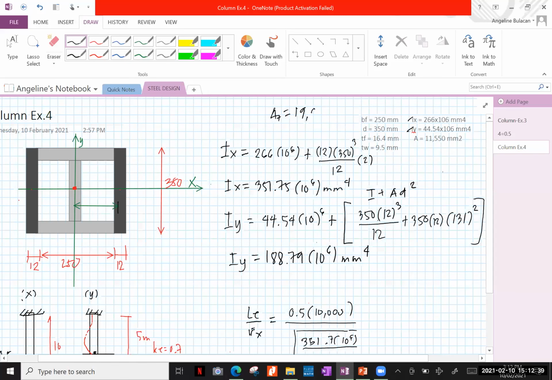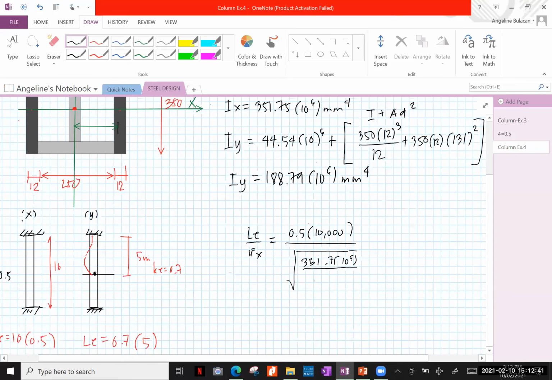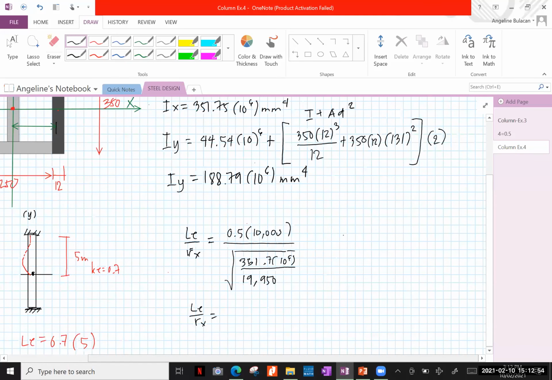Lagay ko lang siya dito. So, 19,950. So, LE over RX is equal to, sulat ko naman yung sa RY, ganun lang din. So, LE over RY. Ang LE natin is 0.7 times 5,000.